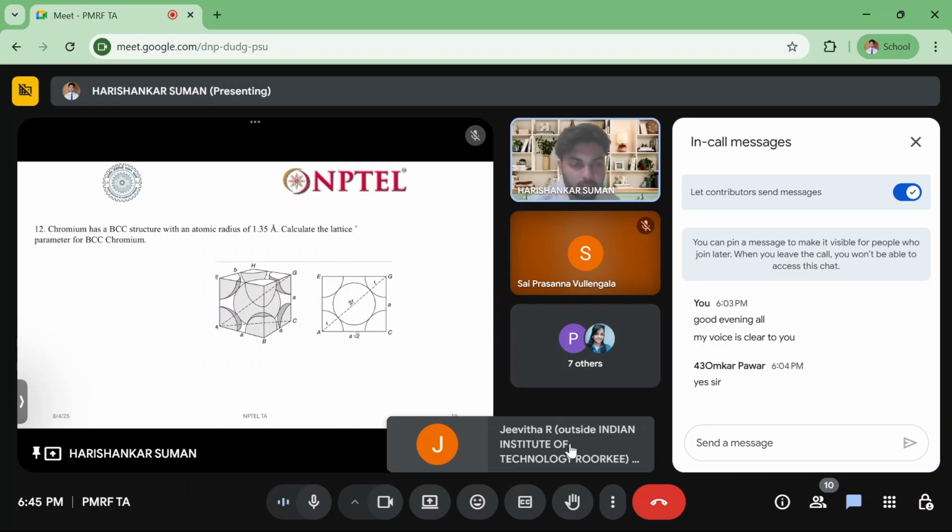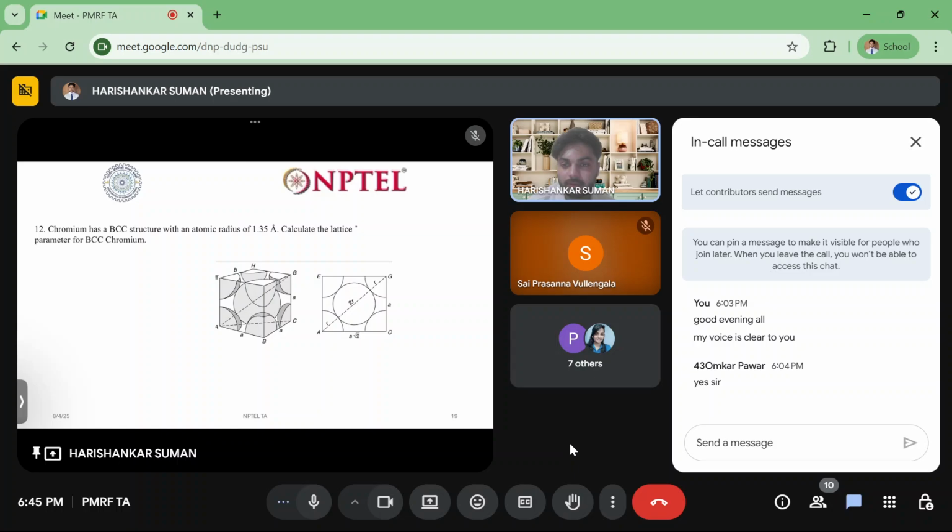Let me check the next. Chromium has BCC structure with the atomic radius 1.35 angstrom. Calculate the lattice parameter for BCC chromium. Yes, please try this question like earlier. You have the pictures.